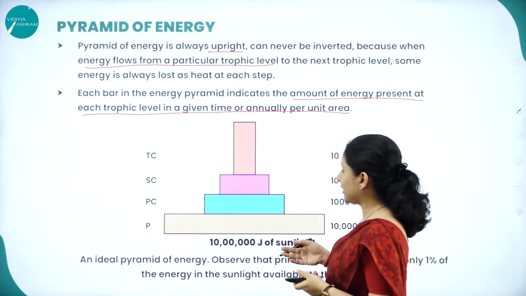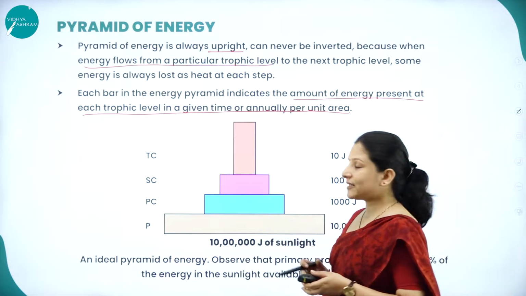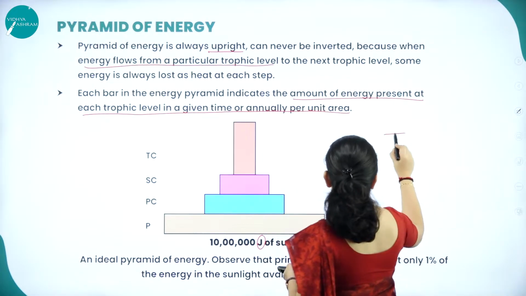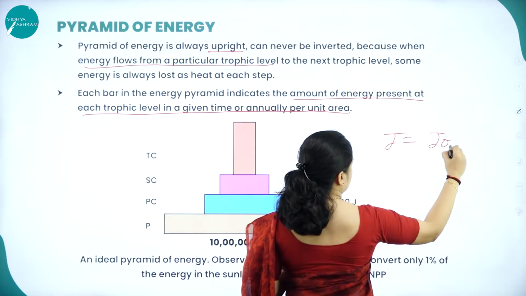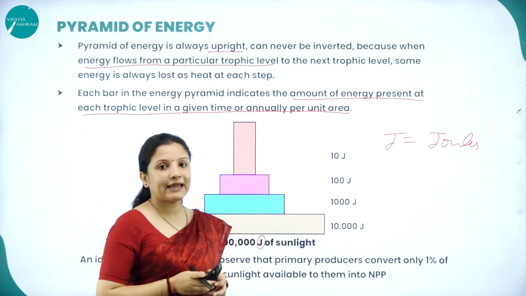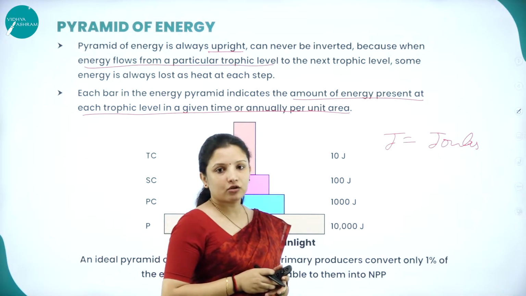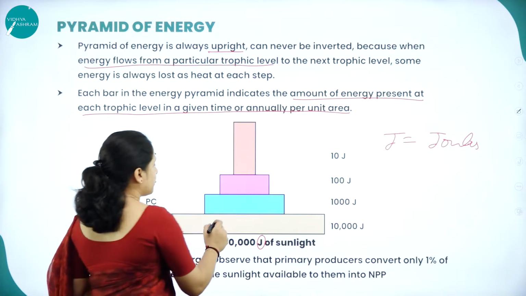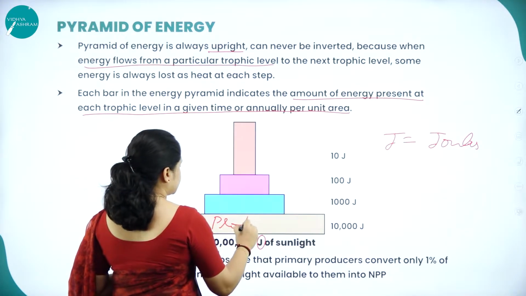Here also, energy is always expressed in joules, that is J. Joules is the unit for measurement of energy. Here also, as we move up, the first trophic level is occupied by the producers.